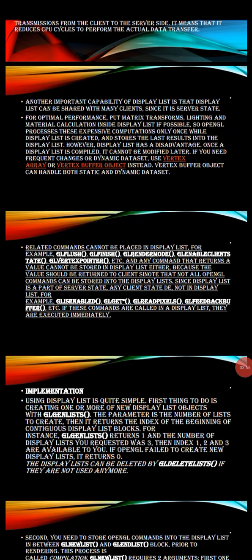Another important capability of display list is that it can be shared with many clients since it is server state for optimal performance, and matrix transforms, lighting, and material calculation inside display list is possible.